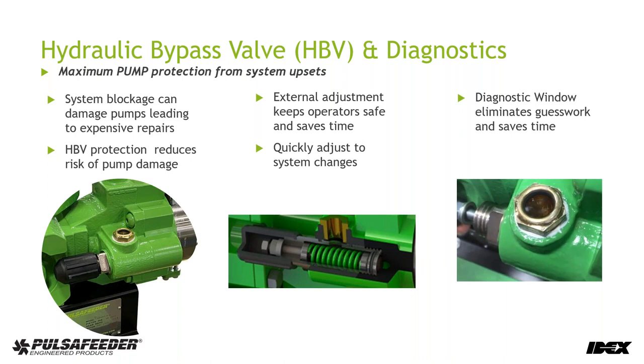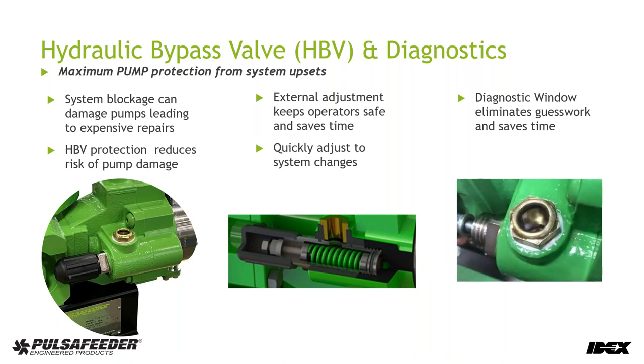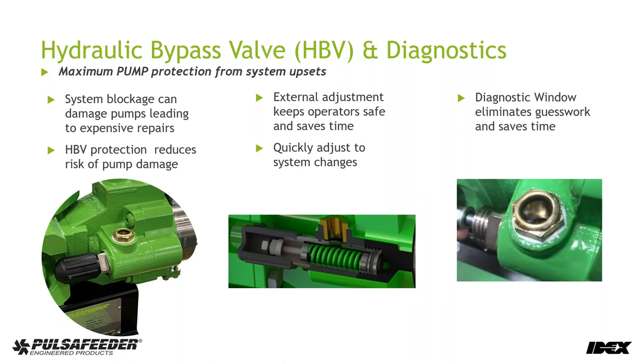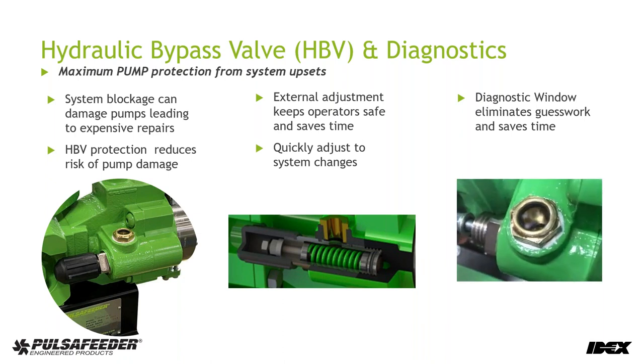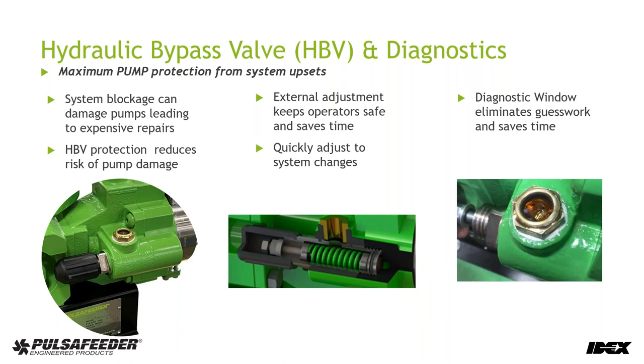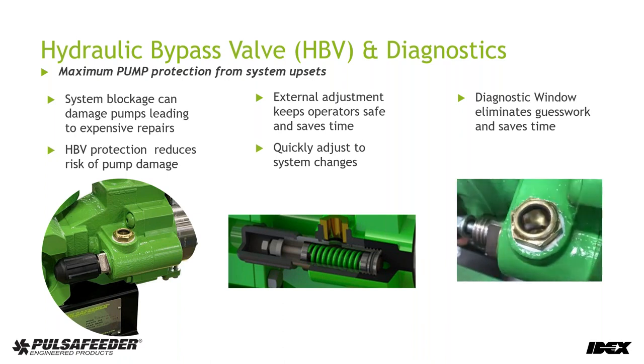And so with that being said, that means that you have increased life of the pump. You have protection in the event of a system upset, and it helps you evaluate the condition of the pump while it's operating.